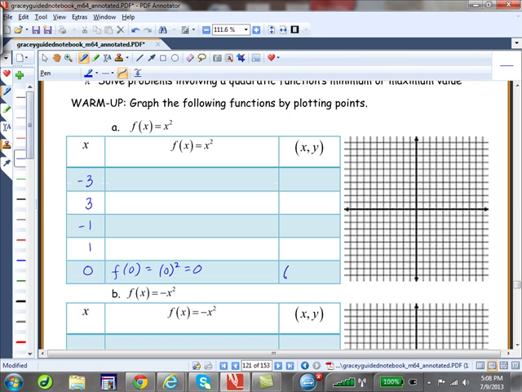So we get an ordered pair of (0, 0). And actually this one should say x comma f at x, which is just function notation instead of equation notation.